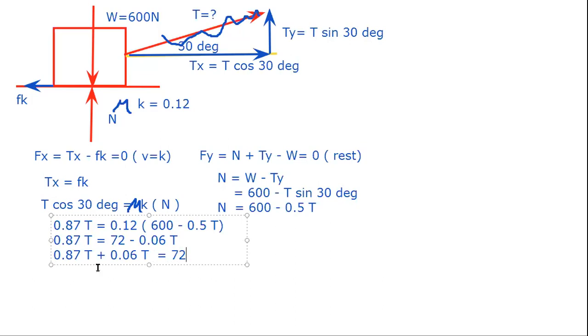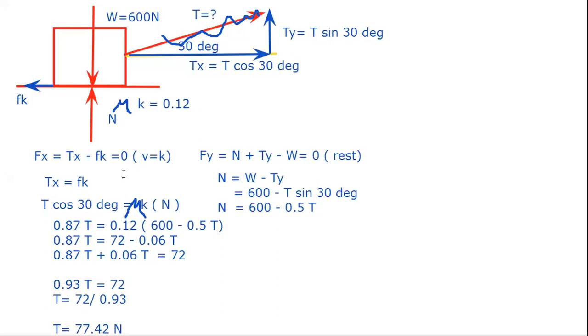If we add 0.87 with 0.06, how much is that? 0.93. So 0.93 t equals 72. Therefore the tension T is 72 divided by 0.93. How much is our tension? 77.42 N. So that will be our answer.